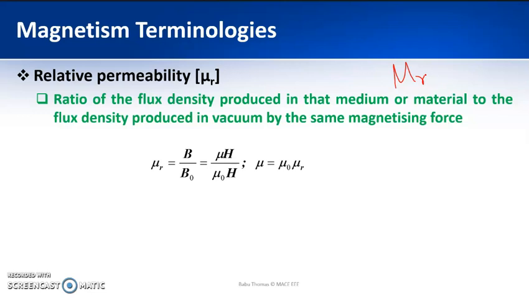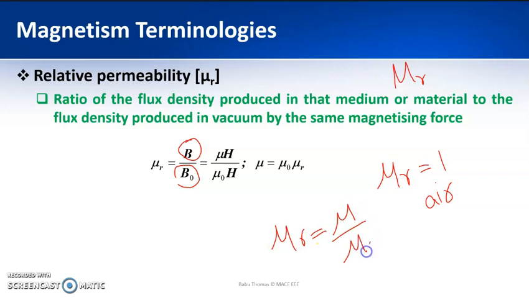So mu r is given by the magnetic flux density in the material relative to that in vacuum, and the relative permeability of air is 1. mu r is nothing but mu divided by mu 0.